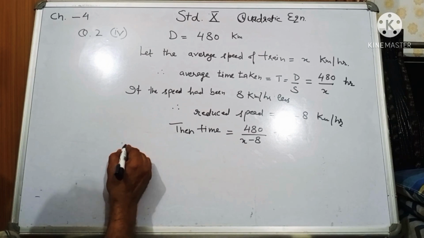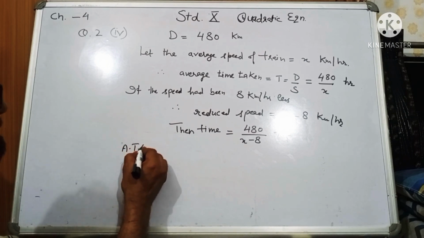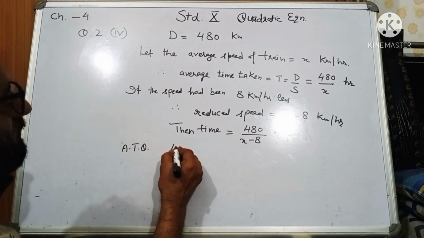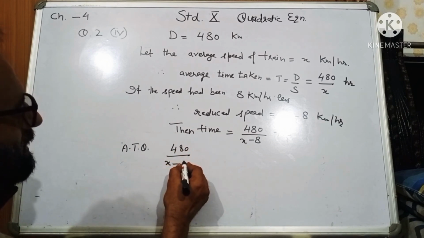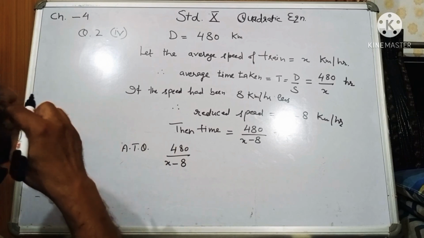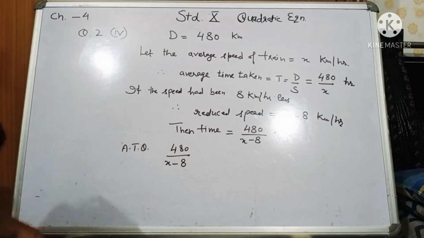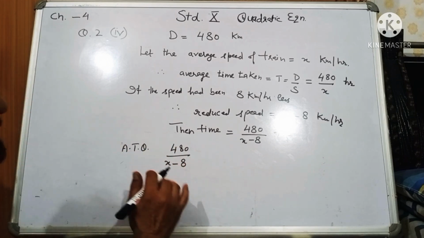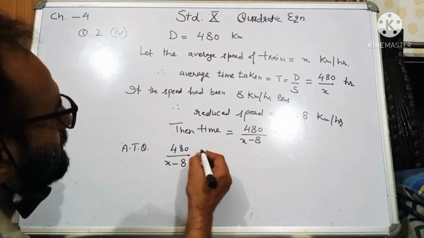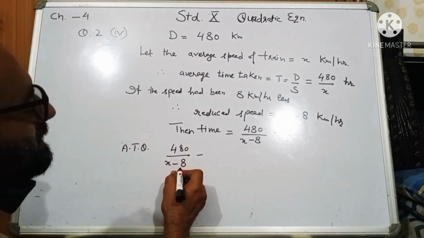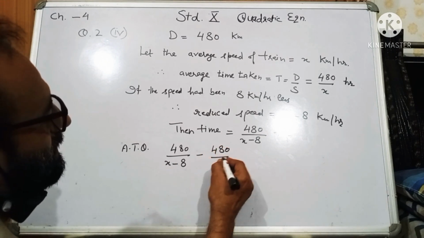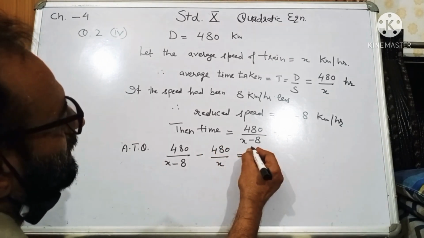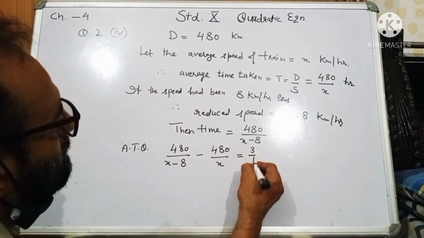So according to the question, we can write 480 over x minus 8. Always remember that with the reduced speed, time will be more, so the more time you have to write in the front position. 480 over x minus 8 minus 480 over x. What is the difference of time? 3 hours is equal to 3 over 1.